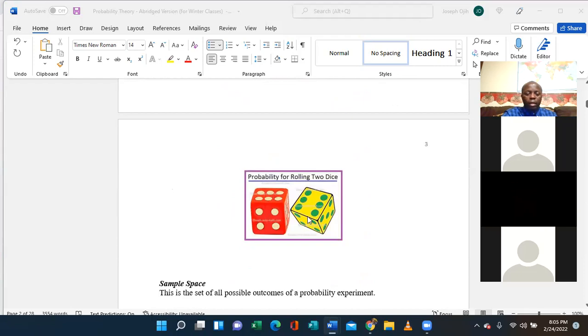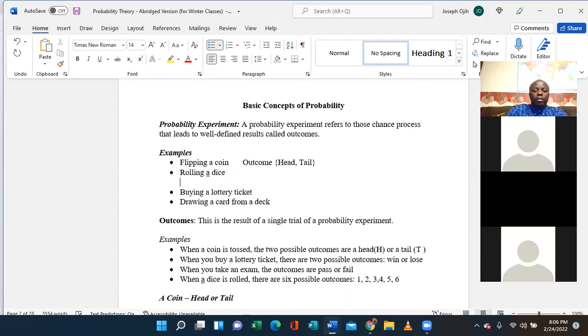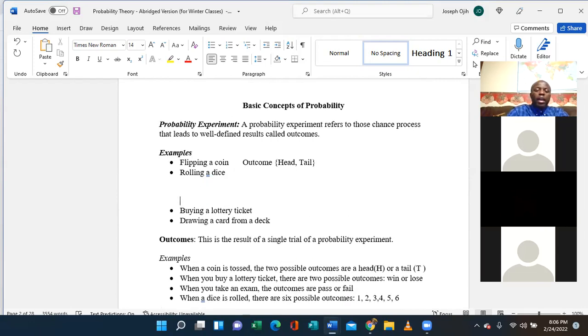If you roll one dice, the outcome can be number 1 showing up, number 2, number 3, number 4, and 5 showing up.